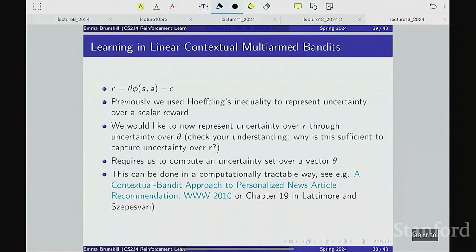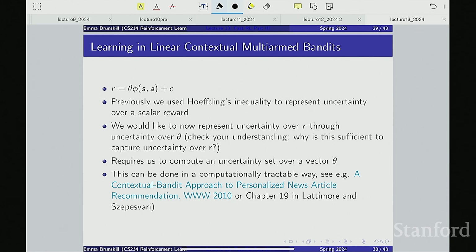Okay. How would we work in these cases? Well, in this case, what it means to have uncertainty is we need to have uncertainty over this linear vector. So we want to capture uncertainty over theta through some sort of uncertainty set. And there's been a lot of beautiful work to try to quantify the types of uncertainties we have through things like the elliptical potential lemma and things like that, which give us basically just sort of an uncertainty set over vectors.